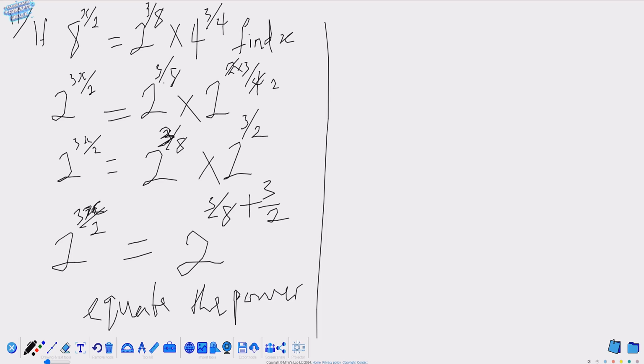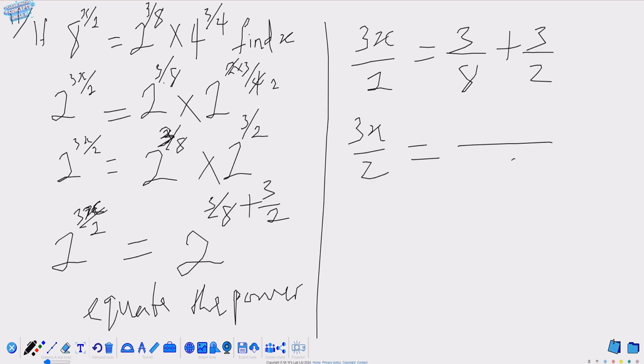So you have 3x over 2 equals 3 over 8 plus 3 over 2. The common denominator is 8, so you have 3 plus 12, which gives 3x over 2 equals 15 over 8.